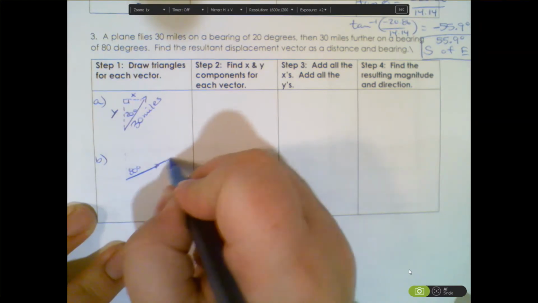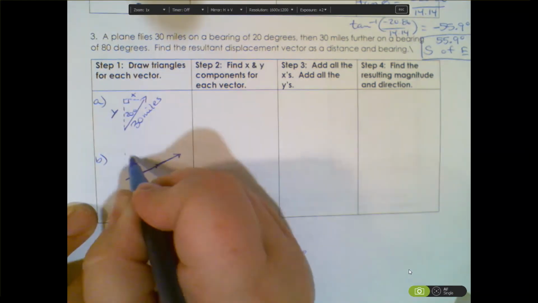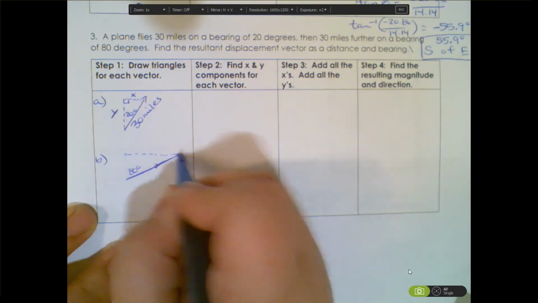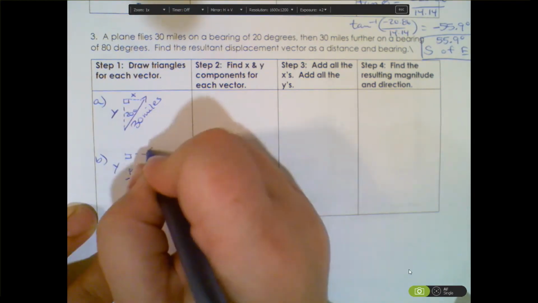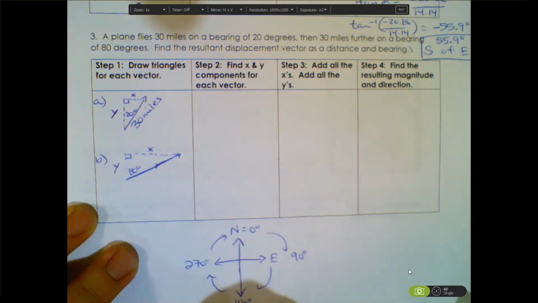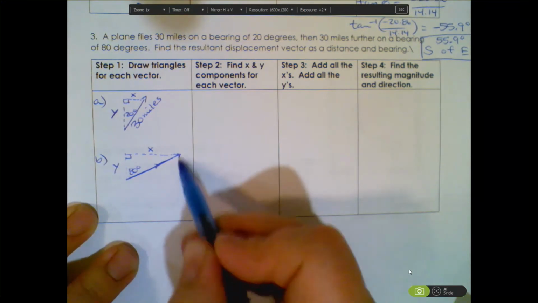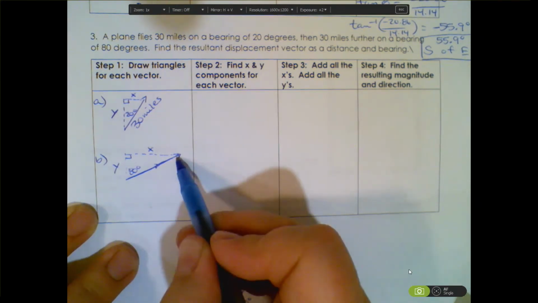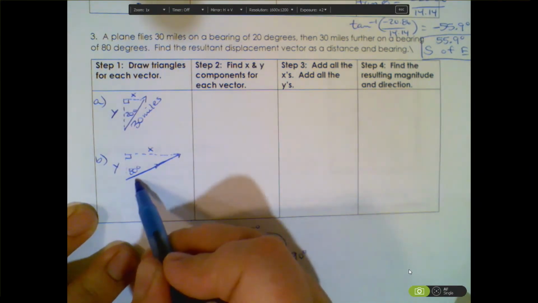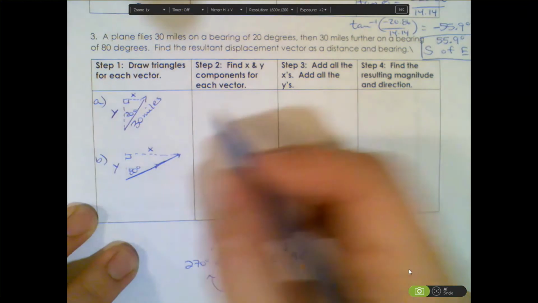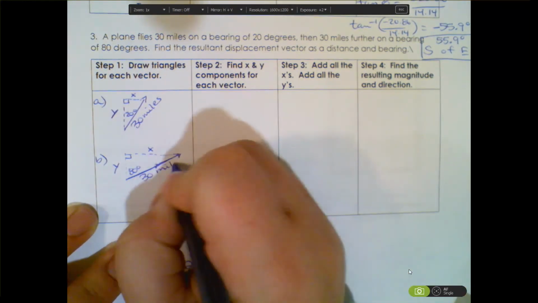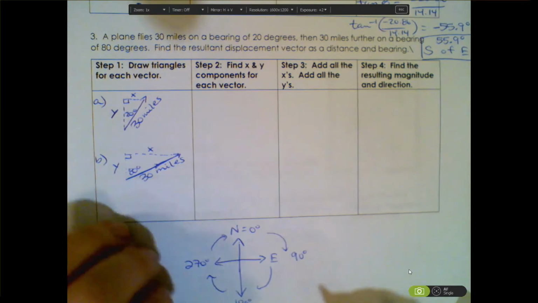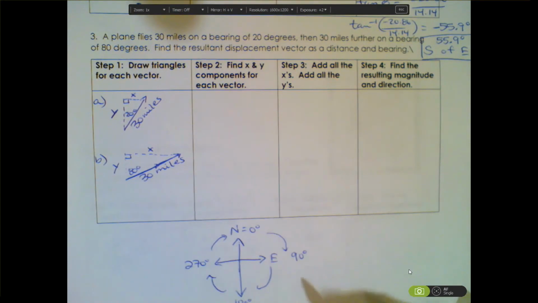And I want to extend that so I make a nice right triangle here. So then here's my y component, my x component. And by the way, you could make your triangle coming out down in this way, but then you have to remember that this is a 10-degree angle. And then this is another 30 miles. And of course, I'm not drawn to scale. I rarely am drawn to scale, so don't let that throw you off.